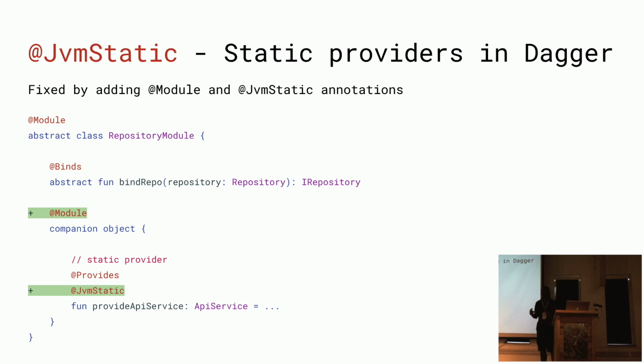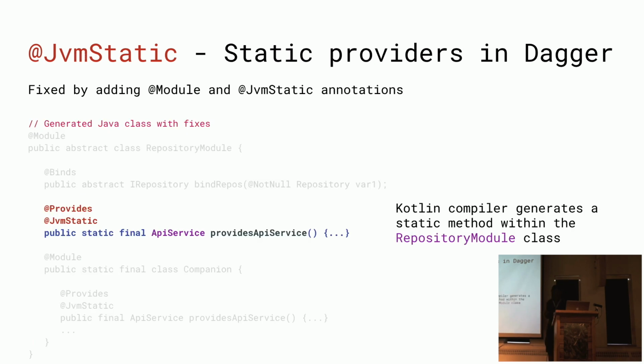It creates a copy of the function that is annotated, and creates it in the main class, and also has a copy in the companion class. So when you're calling this code normally from Kotlin, you could call it RepositoryModule.Companion.provideApiService. It works fine. You could also call RepositoryModule.provideApiService. It works fine either way.